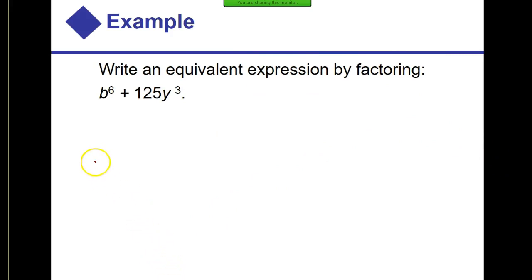Let's try it again. Sometimes we forget that this is a cube, right? So if I'm cubing it, that means something times itself 3 times. Or b squared times b squared times b squared. It's going to give me b to the 6th. So I add them. 2 plus 2 plus 2 gives me 6.